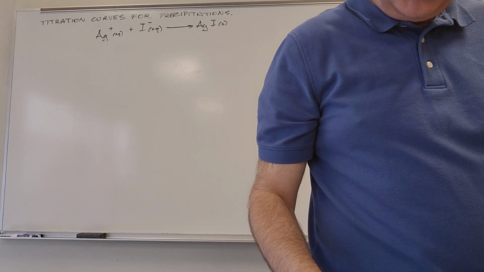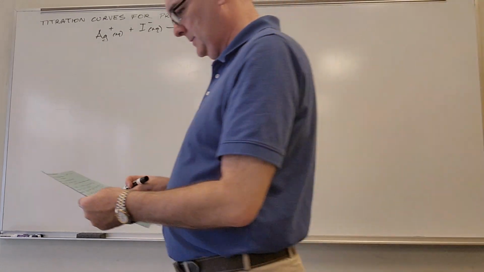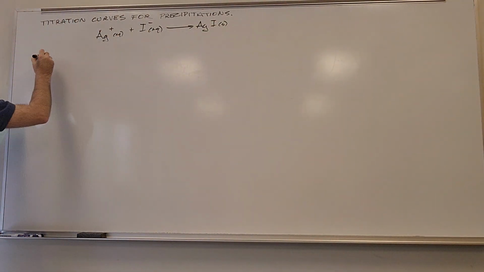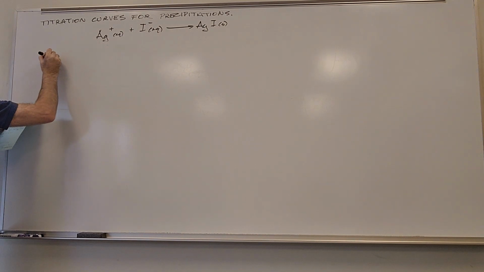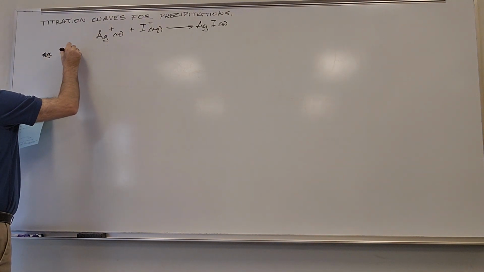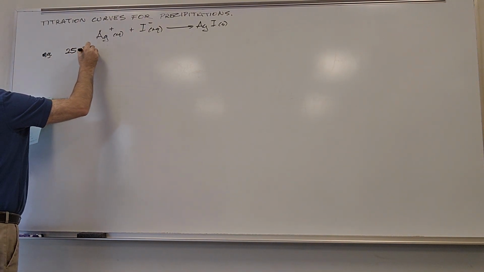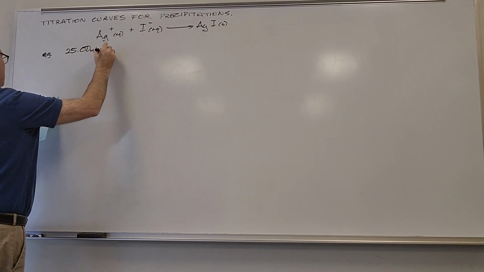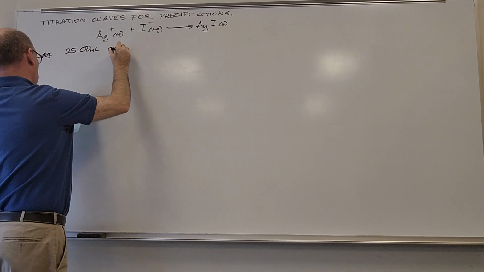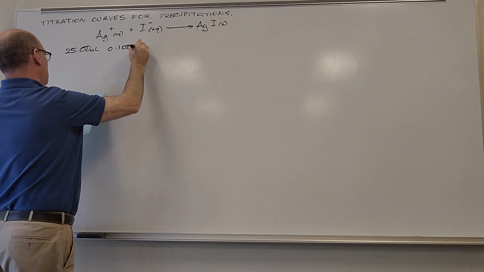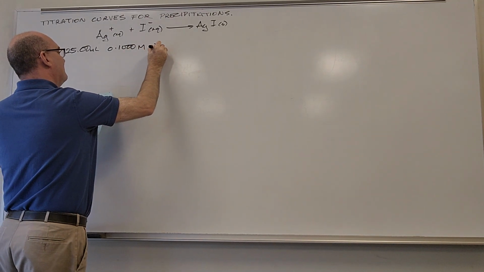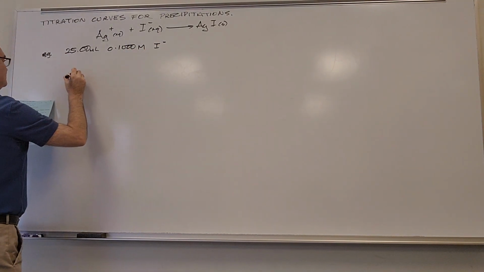We have 25 milliliters of, here's an example, 25 milliliters of 0.1000 moles per liter of iodide.